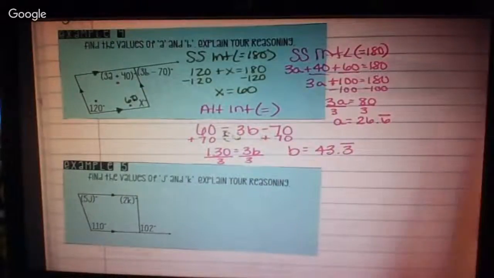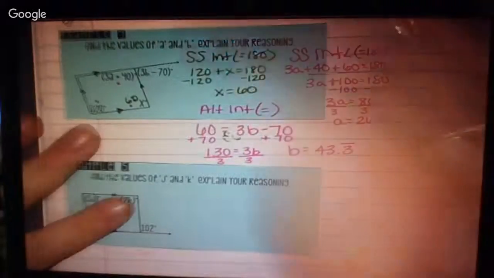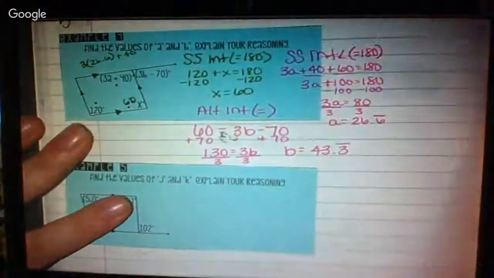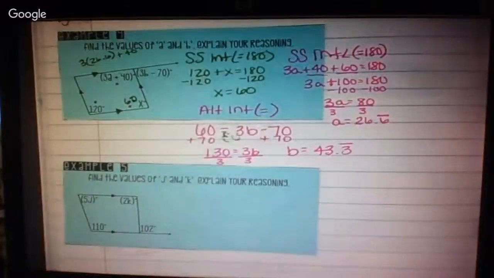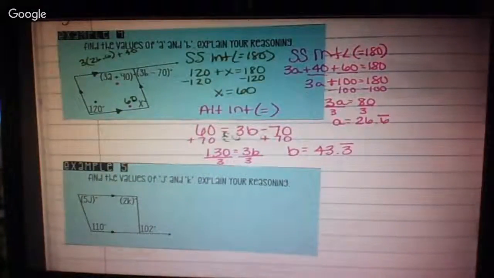So let me do that real fast. You don't have to write this if you don't want, but you can. So I could have plugged in 3 times 26.6 plus 40, and that would have given me, sorry, I need a calculator. I can't do that in my head. 3 times 26.6 plus 40.